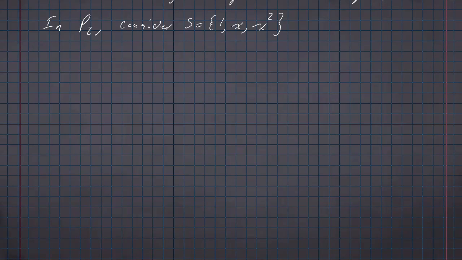So let's take a look at the vector space P2. Remember, P2 is the set of all polynomials of degree 2 or lower. And from that set, I want to think about the vectors 1, x, and x squared.